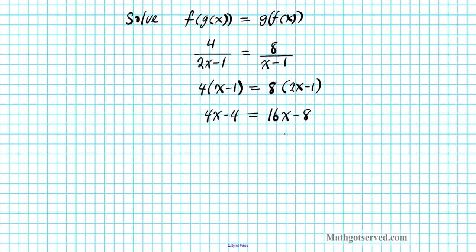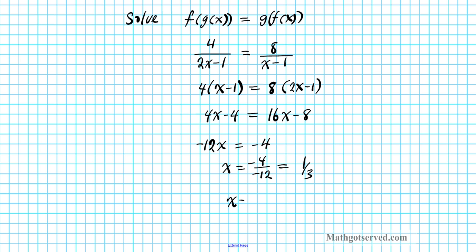Let's just subtract 16x from both sides and then add 4. Okay, so if I subtract 16x from both sides, I'll have negative 12x, add 4 to both sides, equals negative 4. Divide both sides by negative 12, we have x equals negative 4 over negative 12, which is 1/3.